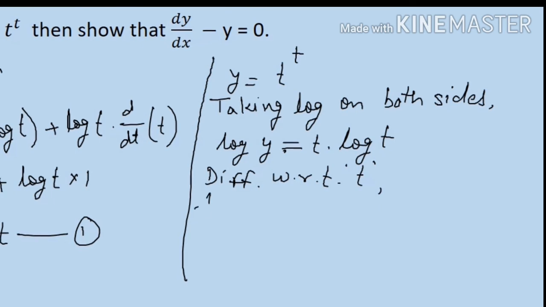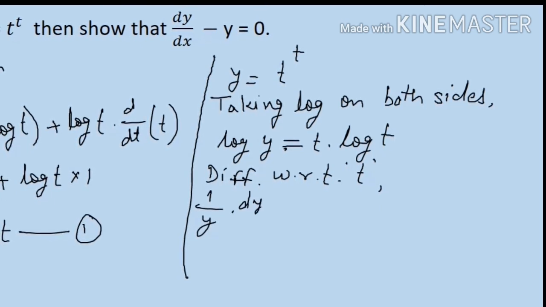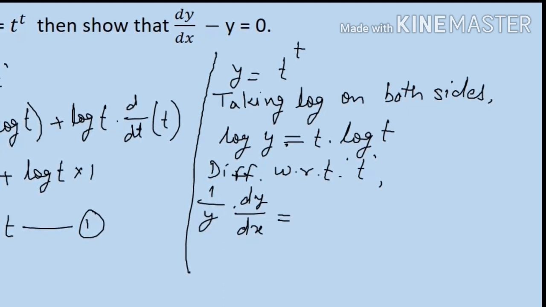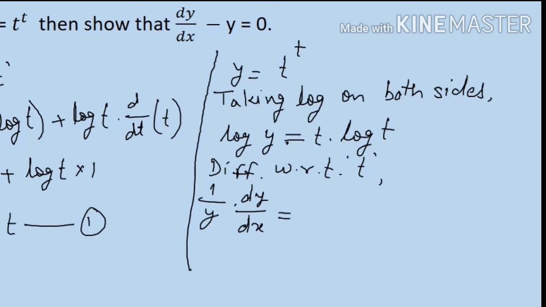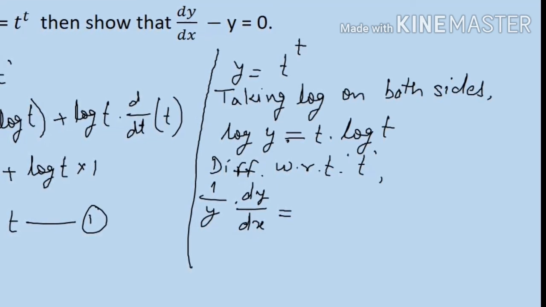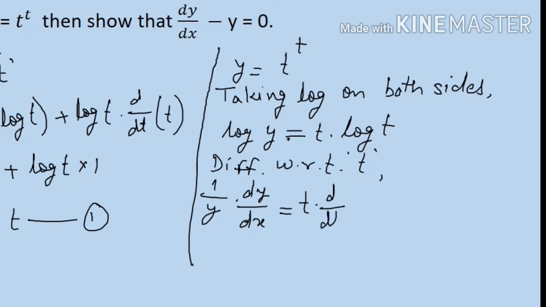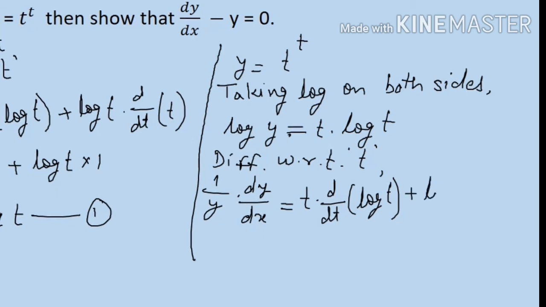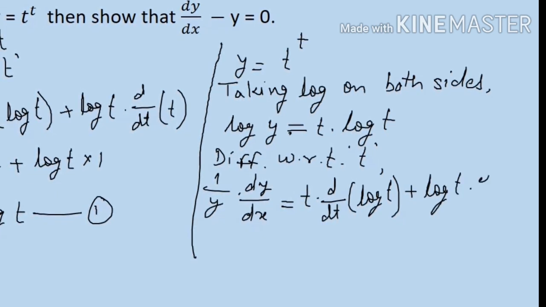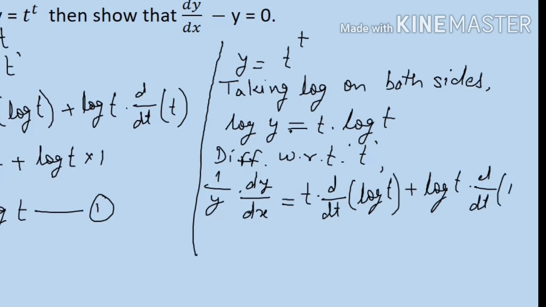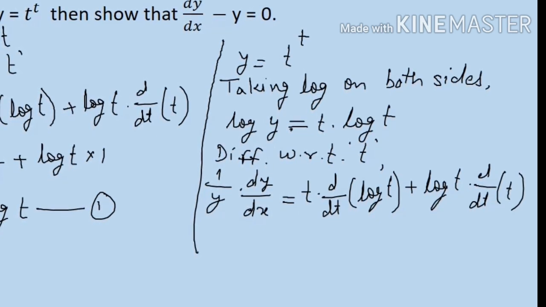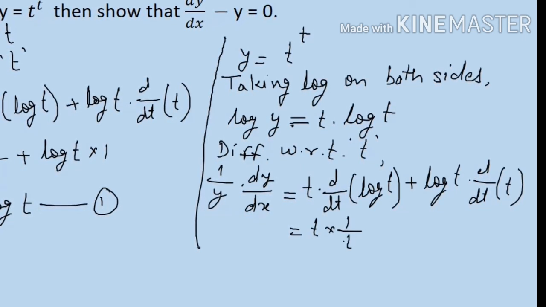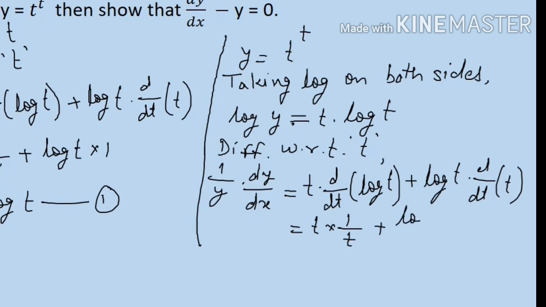you get 1 upon y into dy by dt is equal to, now t into log t, that means this is u into v format. So again t into d dt of log t plus log t into d dt of t. So you will get t into 1 upon t plus log t into 1.